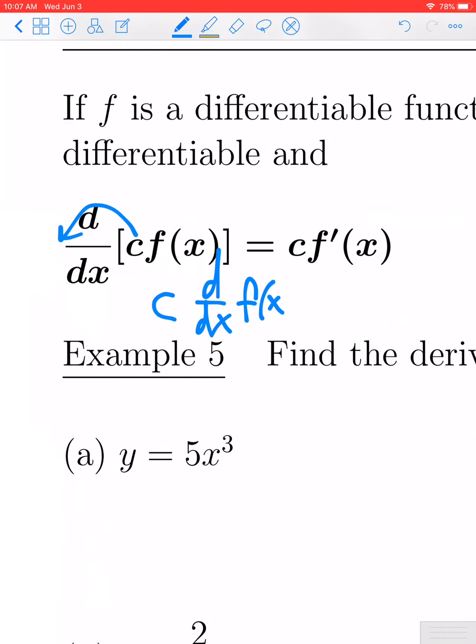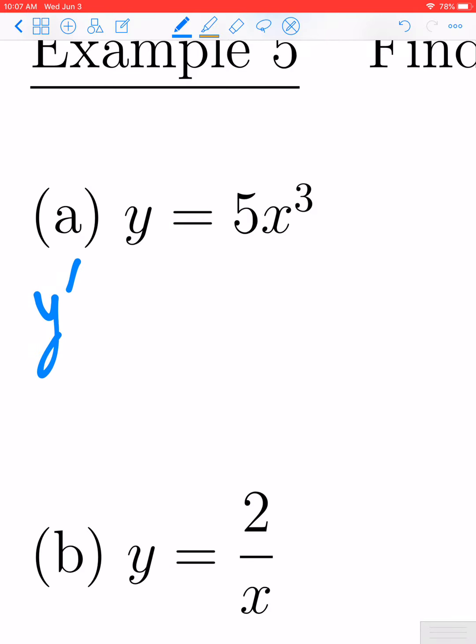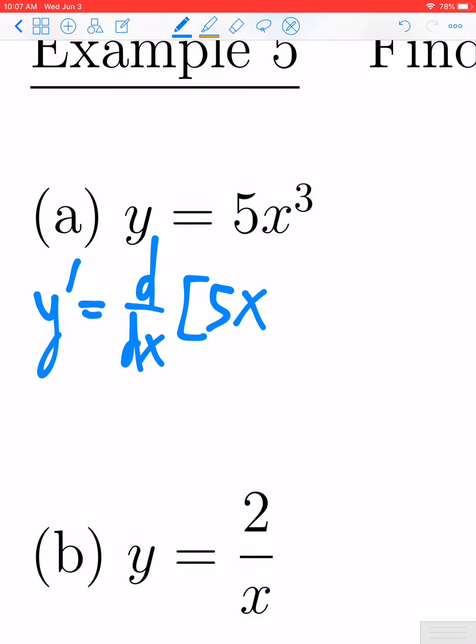Let me go through example 5 part A. Let's use this constant multiple rule, and I'm going to show it in great detail, but then we'll use it a little more loosely from there. So if I wanted to find the derivative of 5x cubed, this is going to be d dx of 5 times x to the 3rd power.